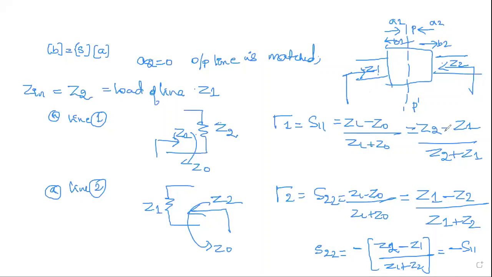So you can write it as Z2 minus Z1 by Z2 plus Z1. Similarly, if you take line 2, your Z1 will act as characteristic impedance, Z2 will be the input impedance. So it is Z1 minus Z2 by Z1 plus Z2. If I just take the negative sign outside, the relation will be S22 is equal to minus S11. Is that clear? This procedure?